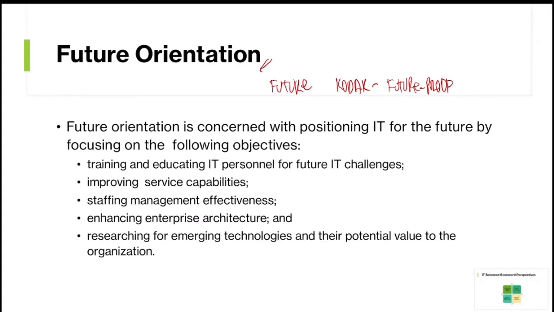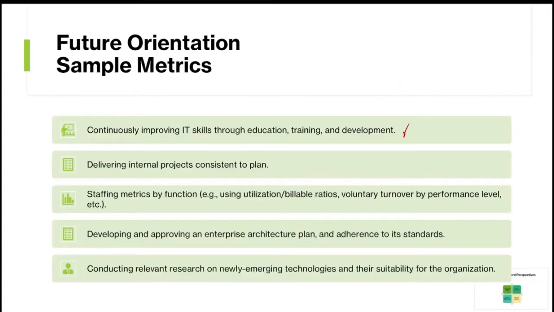Sample metrics in future orientation are the following: continuously improving IT skills through education, training, and development, delivering internal projects consistent to plan, staffing metrics by function using utilization and billable ratios, voluntary turnover by performance level, etc. Developing and approving an enterprise architecture plan in adherence to the standards.